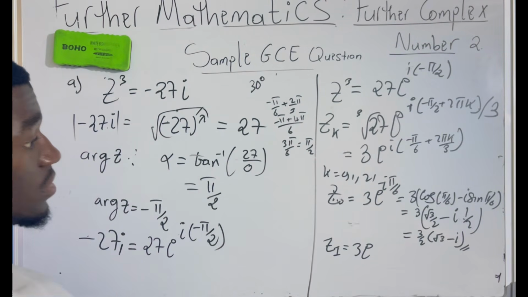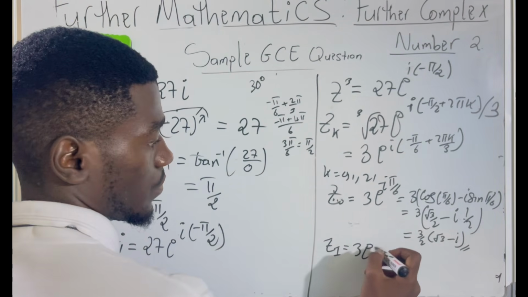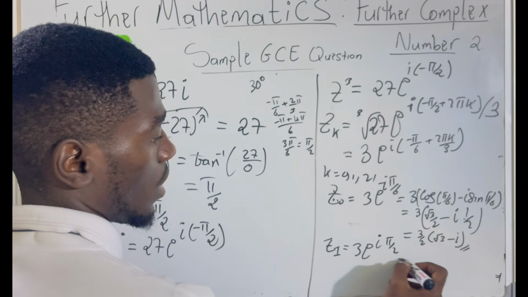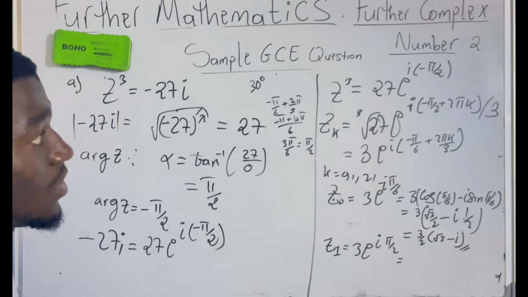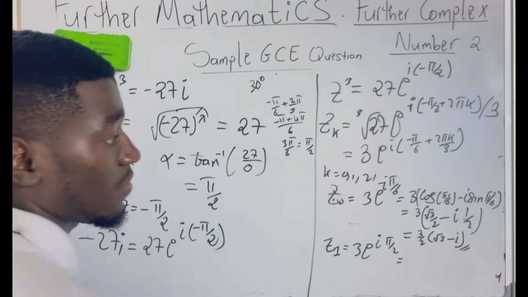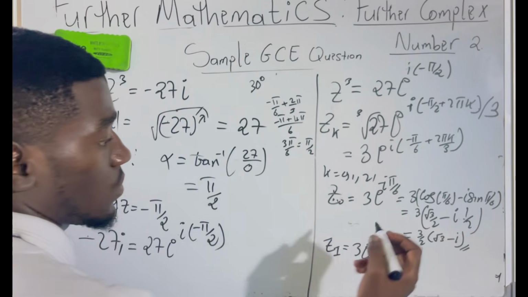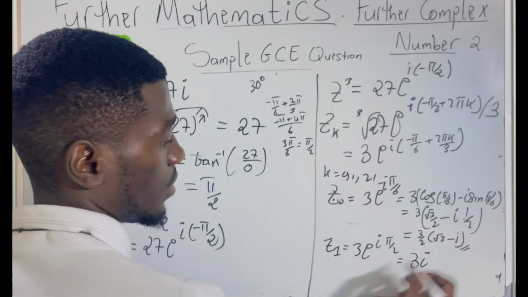So I will have 3 e to the i pi over 2. If I replace, cos of pi over 2 is 0, and sine of pi over 2 is 1, so it will give us 3i.